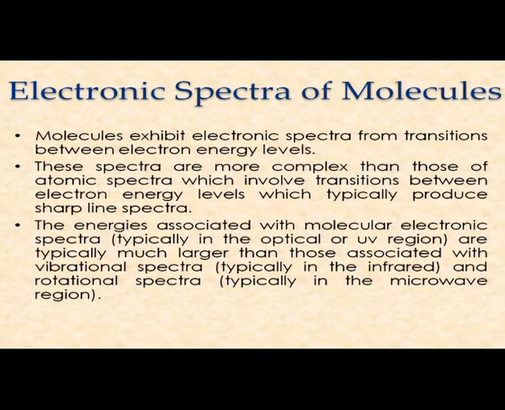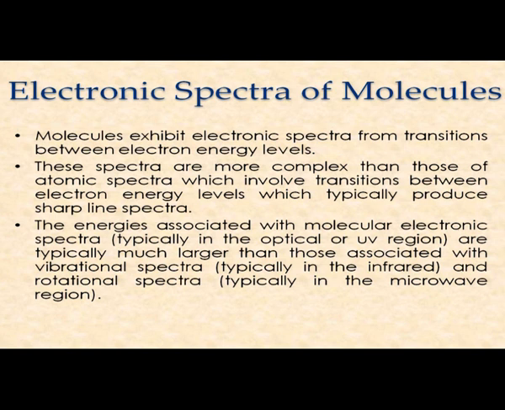Molecules exhibit electronic spectra from transition between electron energy levels. These electron energy levels are proposed in Bohr atom model. These spectra are more complex than those of atomic spectra, which involve transition between electron energy levels, which typically produce sharp line spectra.